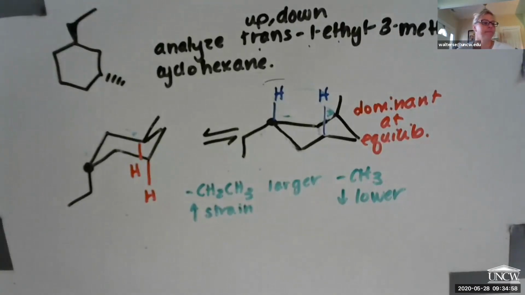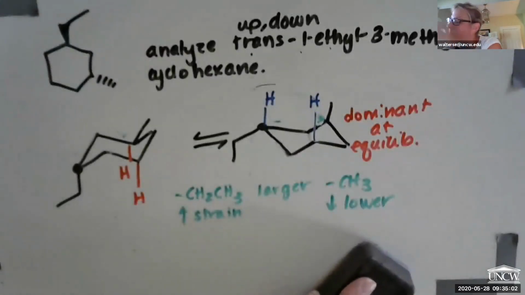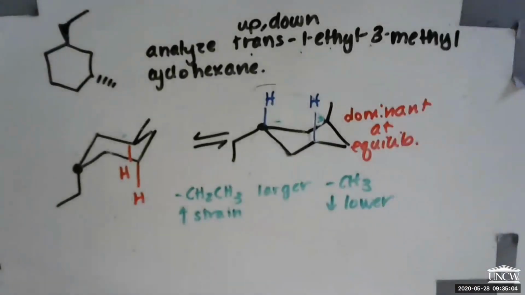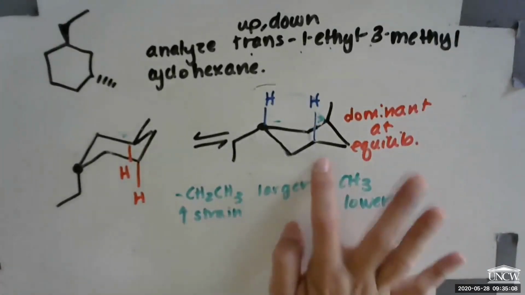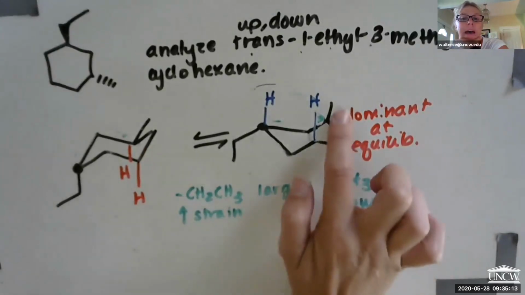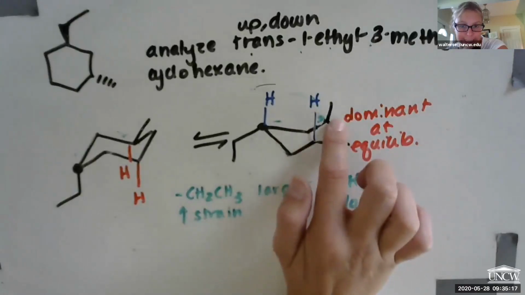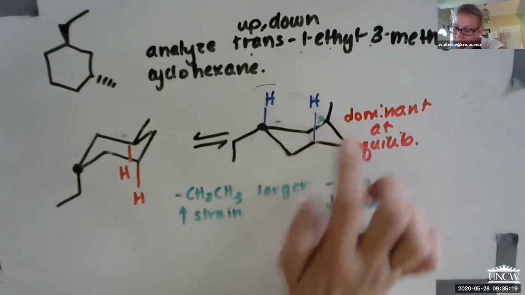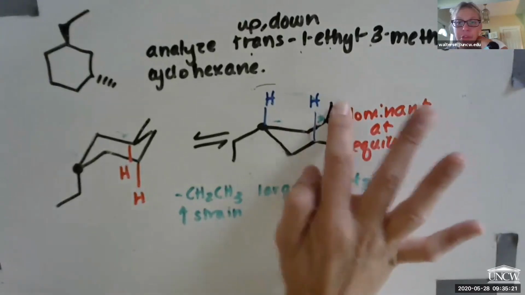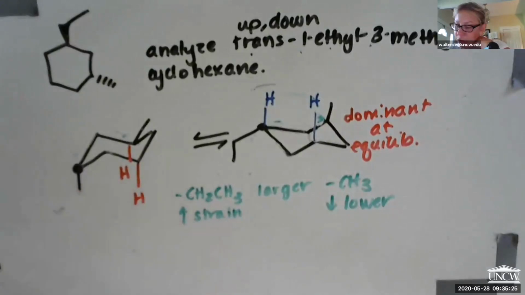Okay. All right. Let's do one more. Wait. Yep. Which one is the most stable out of the two? This one? Mm-hmm. The one on the right, because the methyl is still going to have 1,3 diaxial steric strain. But because this methyl group is smaller than this ethyl group, if you draw the ethyl group like this, then it's clearly obvious.